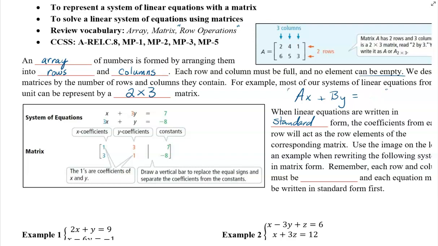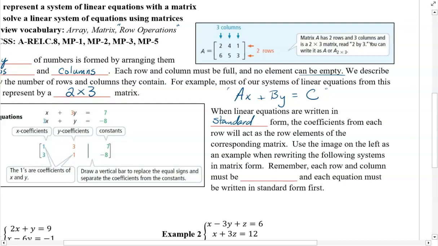If both equations are written in standard form, then the coefficients from each equation will act as the row elements in the corresponding matrix. The columns are the coefficients as well, but you'll notice that the columns are organized by what they contain: either the x coefficients, the y coefficients, or the values on the right side of the equal sign.